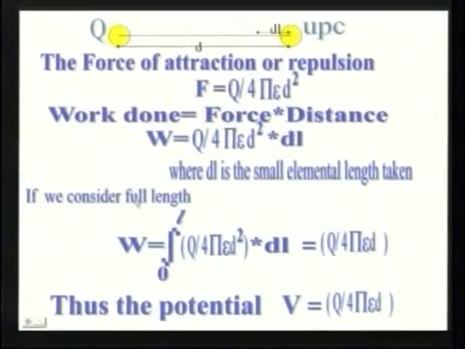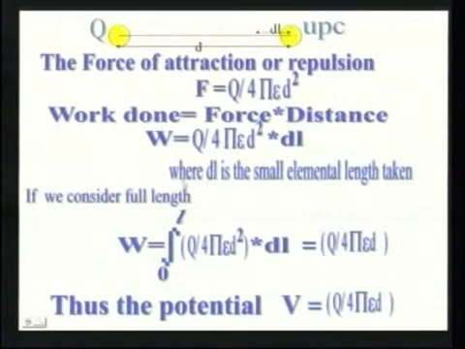If we consider the full length, we have to integrate between the limits 0 to L, so W equal to integral 0 to L of q by 4 pi epsilon d square into dl, that is equal to q by 4 pi epsilon d.